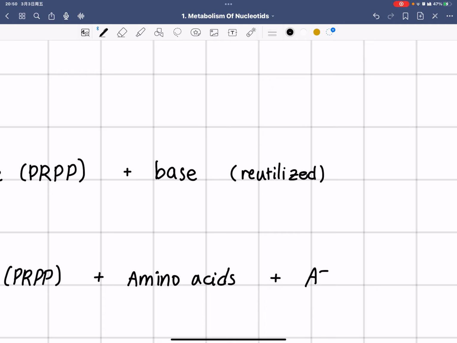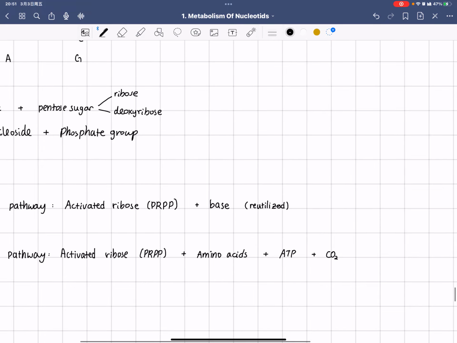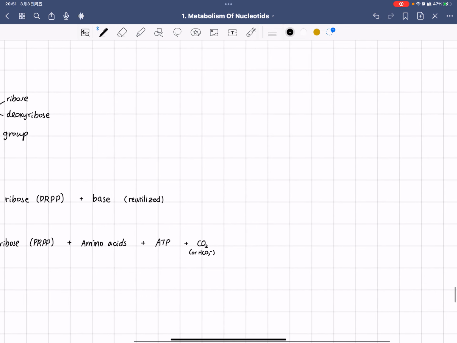We also need ATP because we need to add those amino acids onto the ring. And then we have carbon dioxide, well, basically bicarbonate. And then they give us nucleotides.